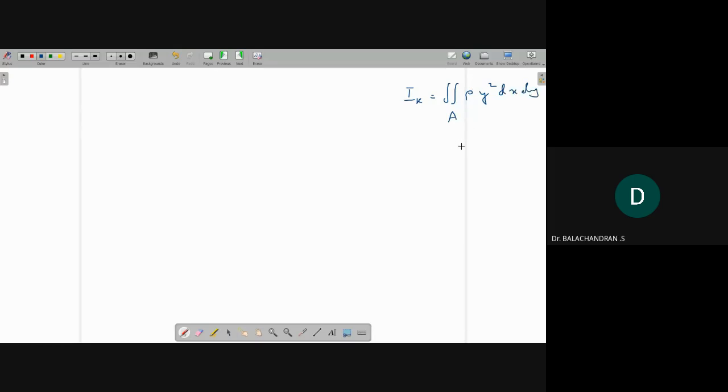But what is rho? Rho is kxy. So I should know the value of the constant k in terms of mass M. So first I am going to find mass M. Mass M, that we discussed in the previous class, is the double integral over R. Is it correct?